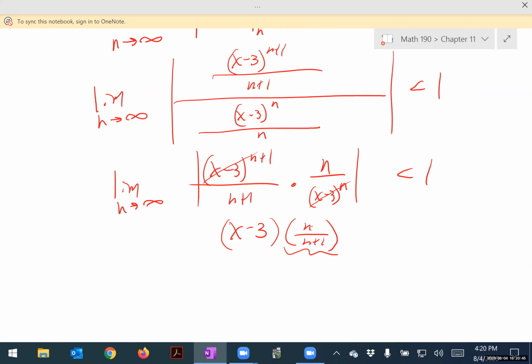What does n over n plus 1 go to? Think of asymptote. What's the horizontal asymptote here for n over n plus 1? Well, there's the same power, and they've got 1's in front. So what's 1 over 1? It's 1. Okay, and so this thing goes to 1.